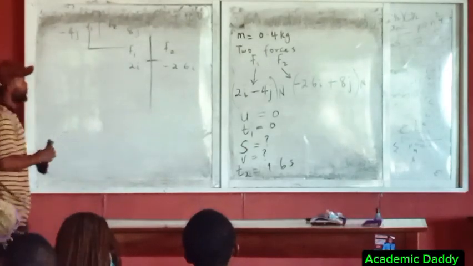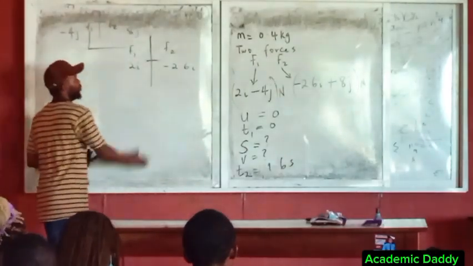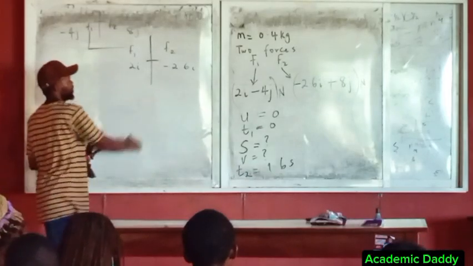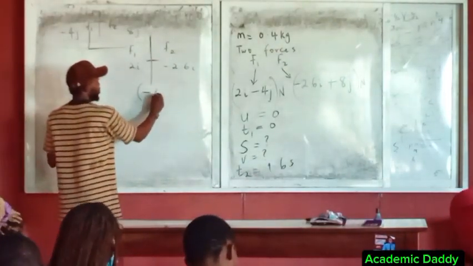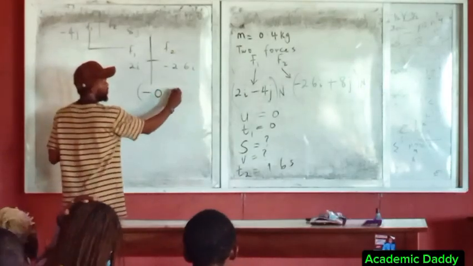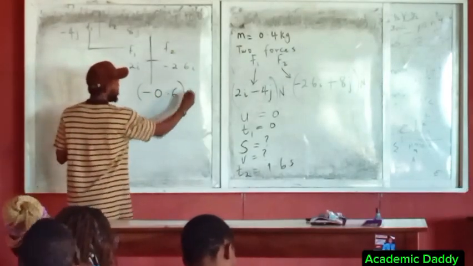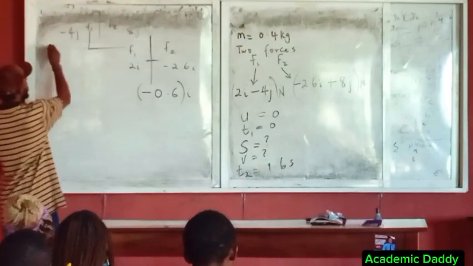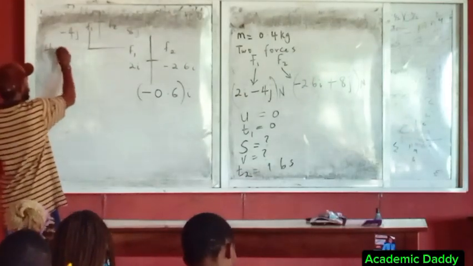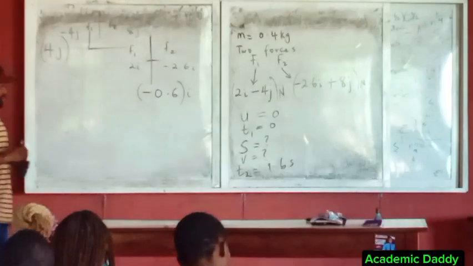What do we have? For the x-axis, what are the forces we have on the x-axis? Minus 0.6, and we know it's i. What about this one? Okay, we have 4j.